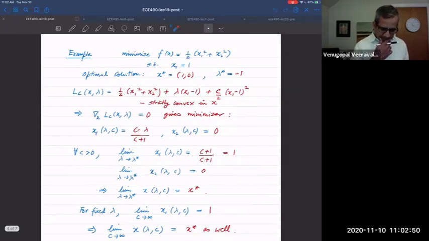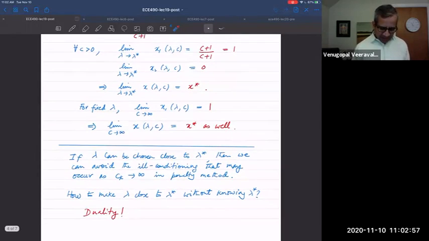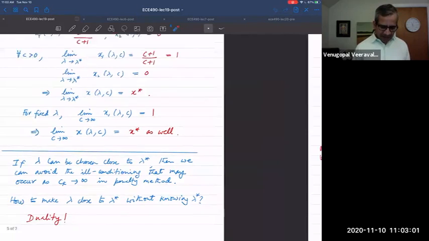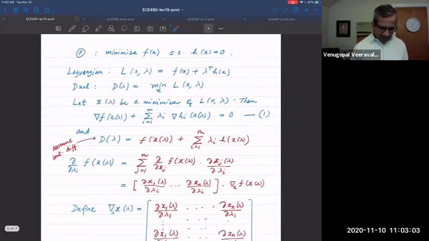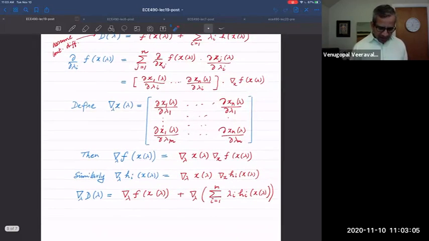But how do we make that happen? How do we make lambda close to lambda star? We exploited duality to do that. Okay, and we basically showed that the lambda star is essentially going to be the maximum of the dual function.